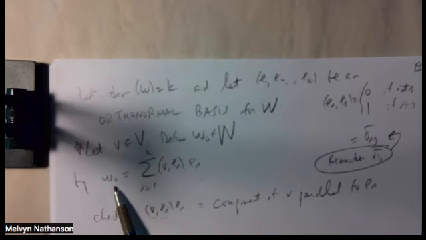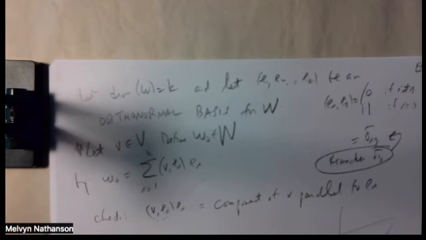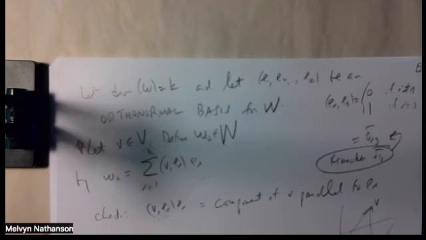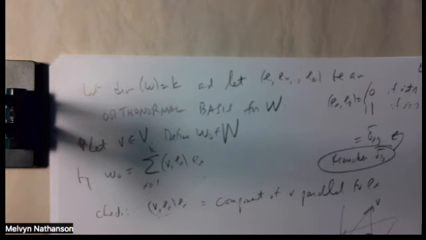So I'm letting W0 be, I take my vector V, and I'm taking the component of V in the x direction. This is in 3 dimensions, the way I've drawn it. The component of V in the y direction, and I'm adding them up.